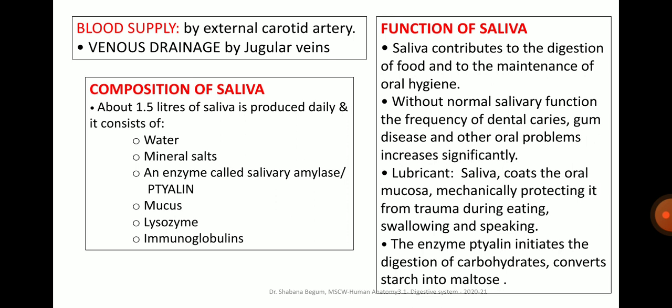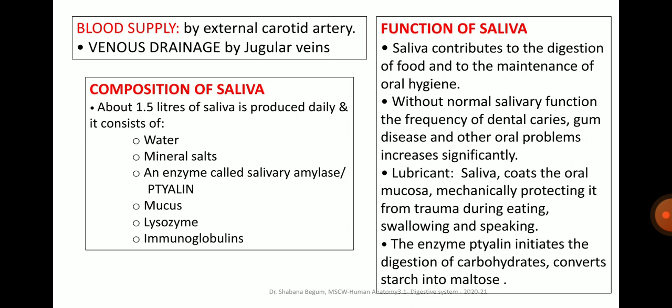It coats the oral mucosa, mechanically protecting it from trauma during eating, swallowing, and speaking.